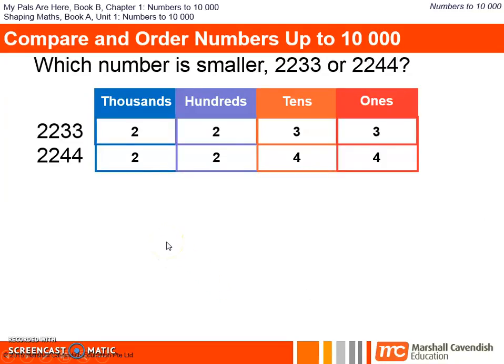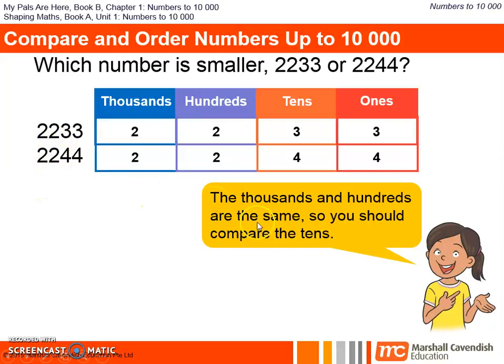Let's look at another one here. 2233 versus 2244. The thousands place is the same, the hundreds place is the same. So you have to compare the tens. So you have 3 tens here, whereas you have 4 tens here.